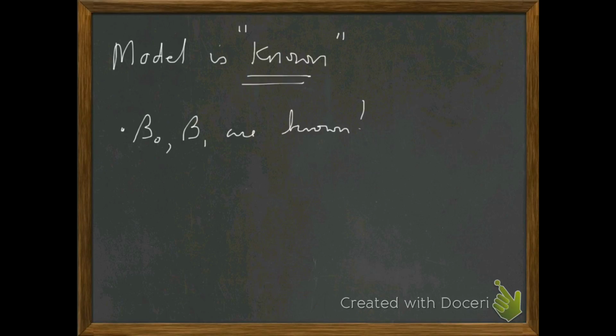our parameters are known. So there's no reason to find the estimates, because the assumption here is that they're known.